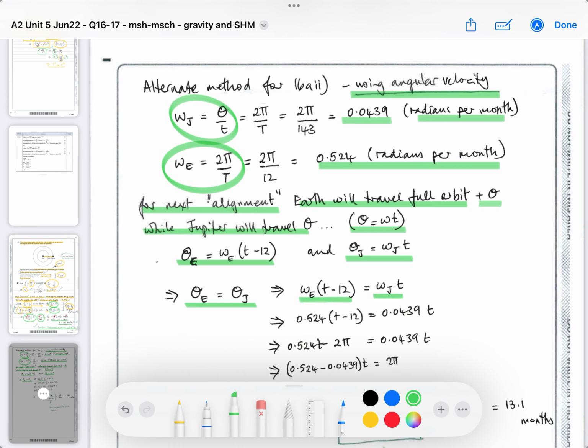So we already know the values for ω. What we already know, I'll put in yellow: we know ωJ, we know ωE, and I think this is a neater method than the examiner's. So the only thing we don't know is t. So we put all the t's together, yeah?